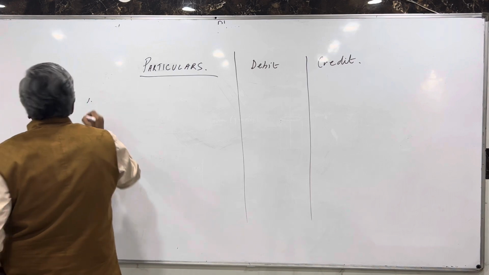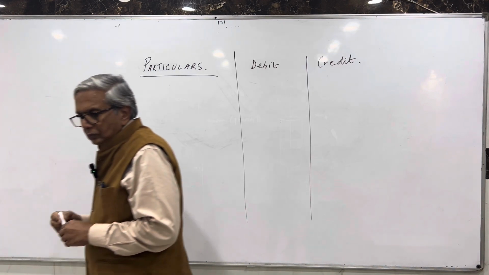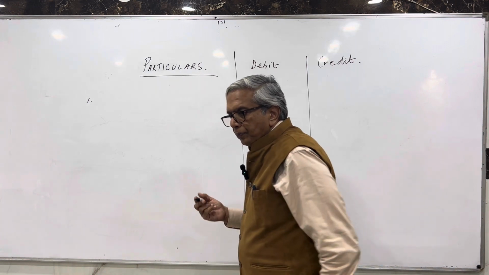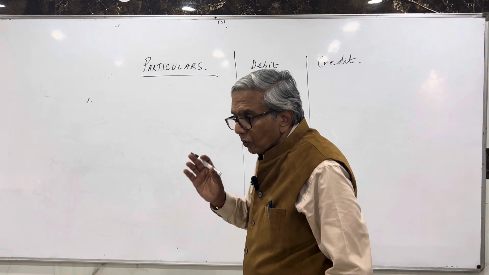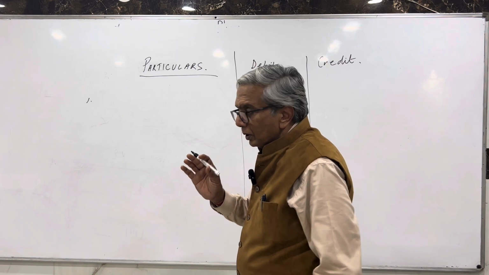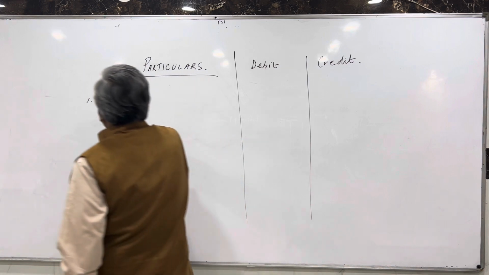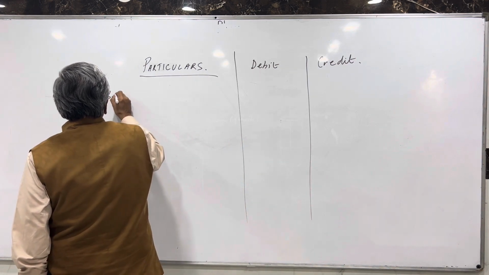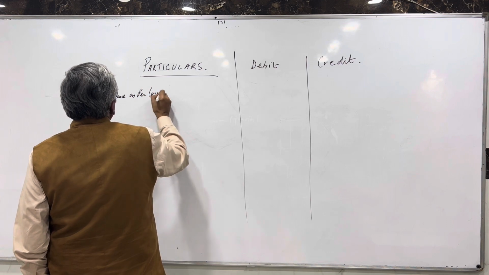What is the question saying? On 31st December 2019, the cash book of a firm showed a balance of 60,000. I repeat again. On 31st December, balance as per cash book, 60,000.